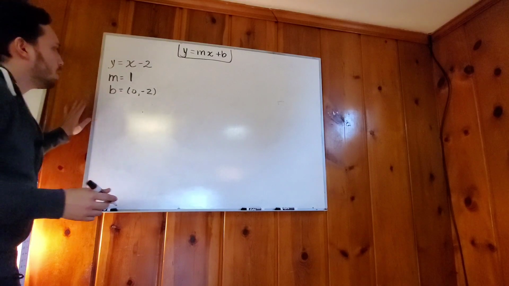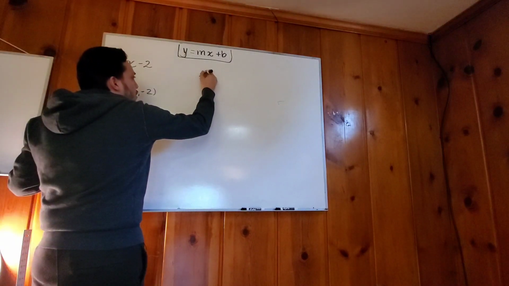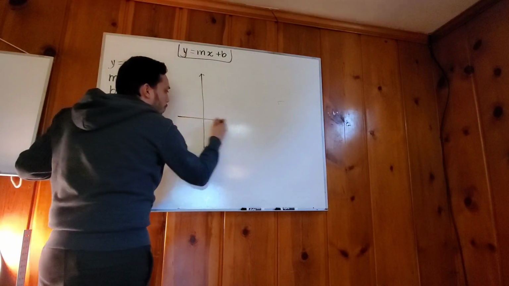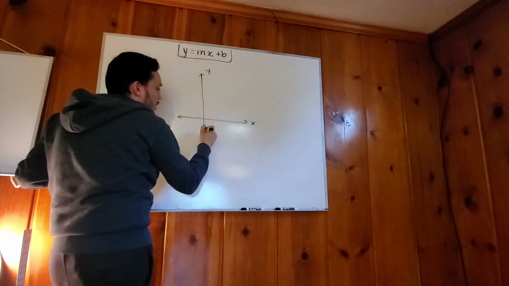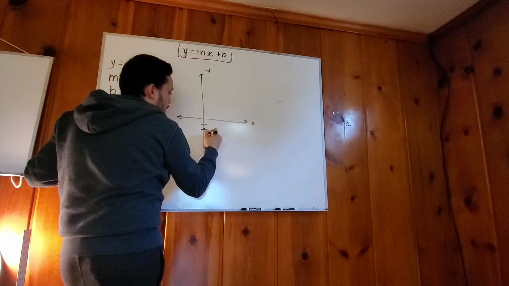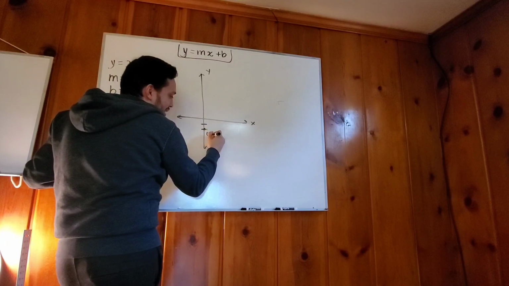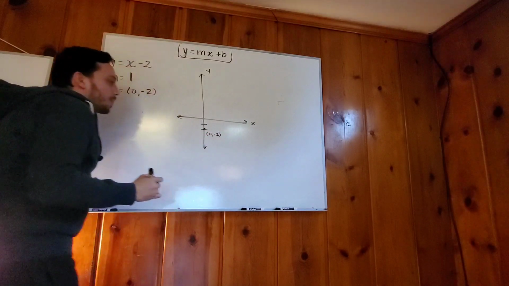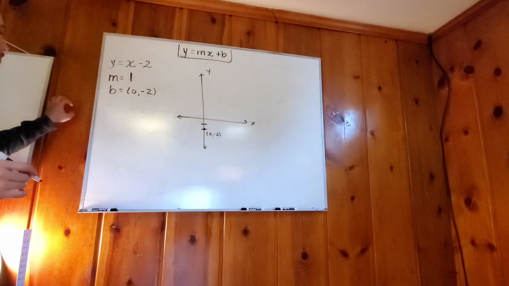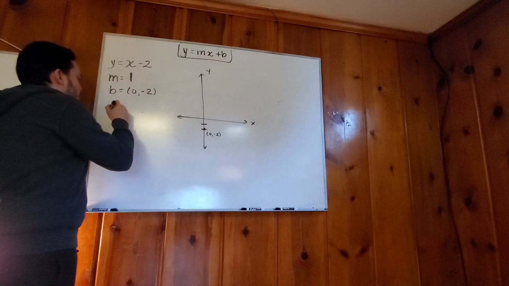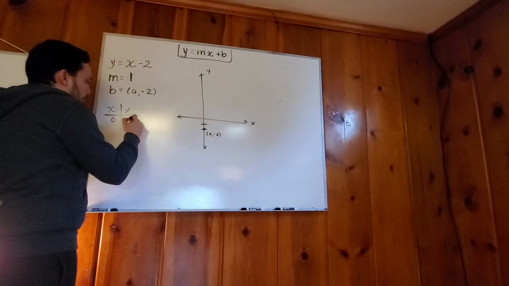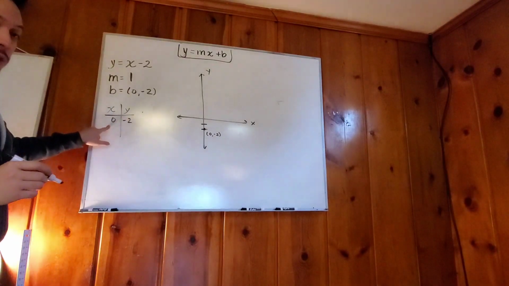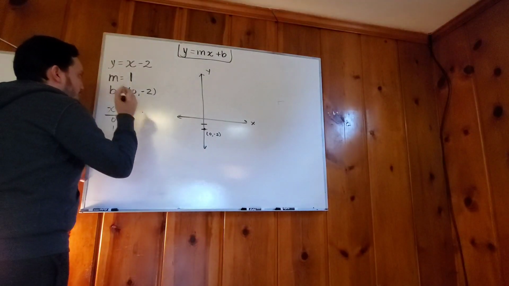I have a point that I can put down in my graph: 0, negative 2. And then I have a table in which I could put a 1, because I think 1 is pretty easy.